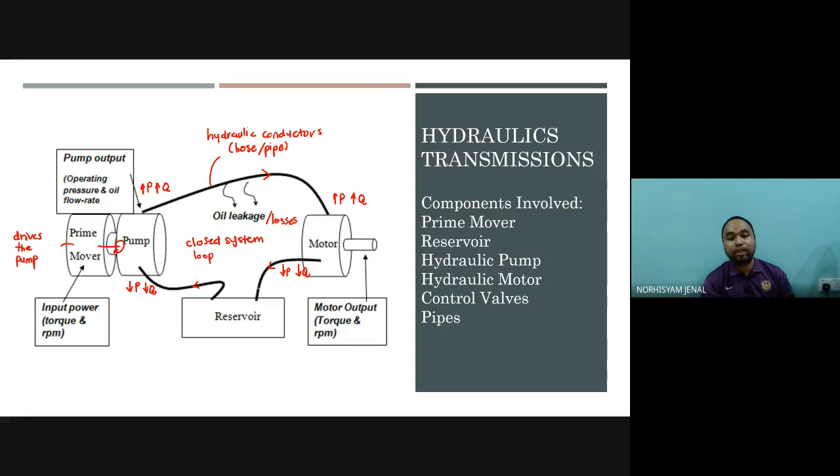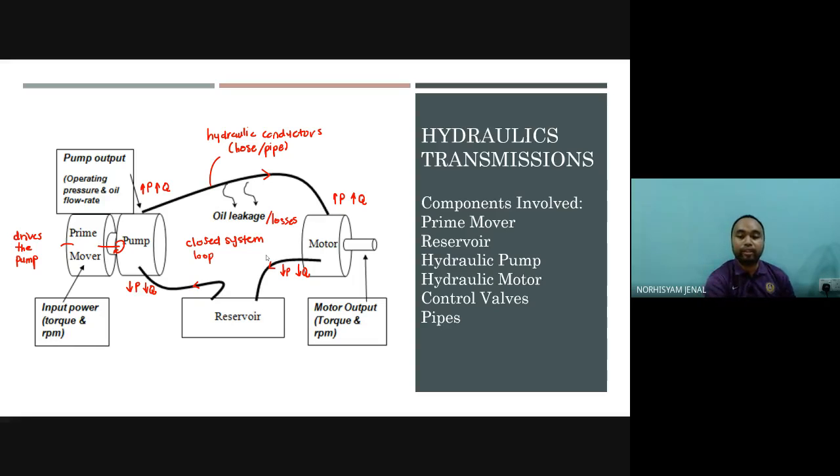So that's why in industry you do a lot of maintenance on your system, because each machinery has its own maintenance that you need to take care of, and there's a period for that maintenance.